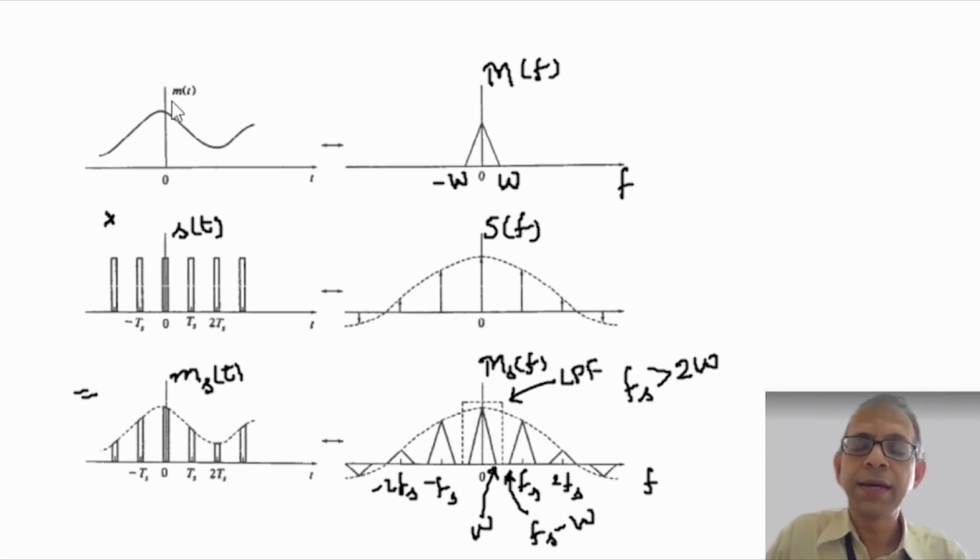So we see that the sampling theorem still holds even in the case of naturally sampled signal, or natural sampling.